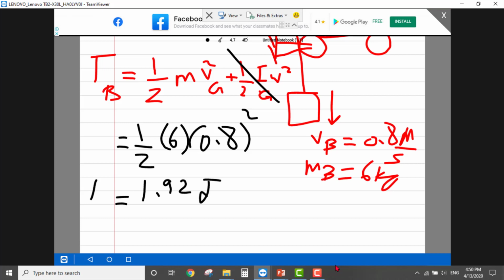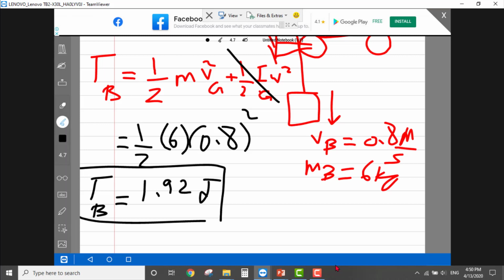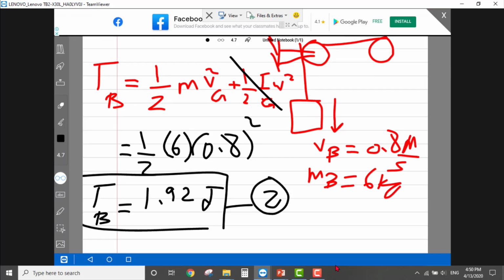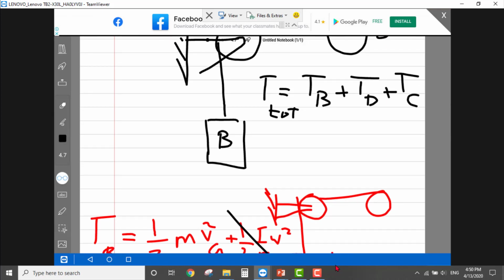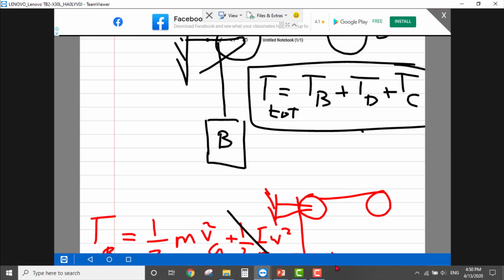Okay, so this is kinetic energy 1.92 for block B. Okay. Now let's move to the, so let me name this one as 2 and the first equation, this one as 1. So this is equation 1.